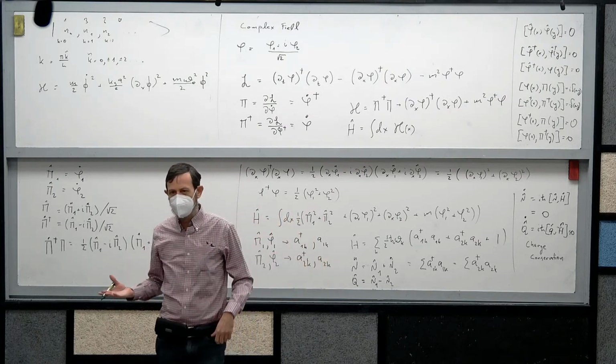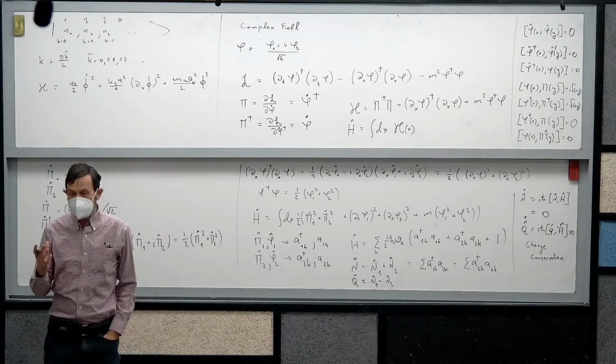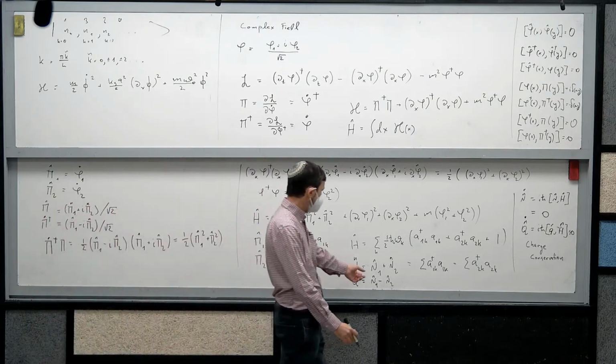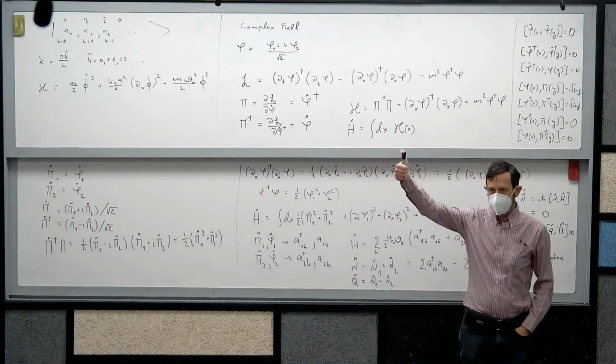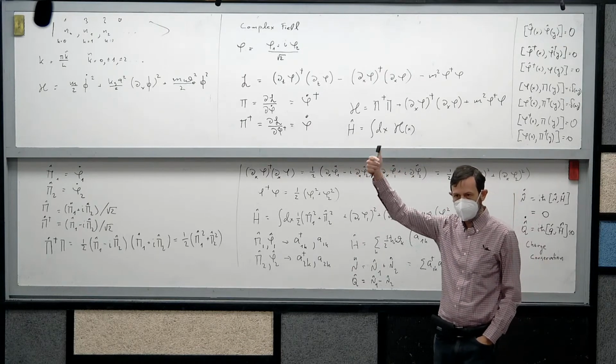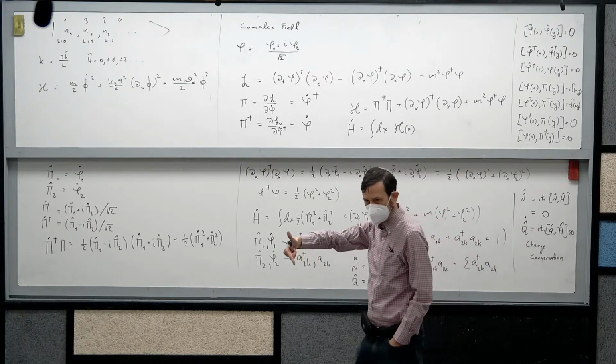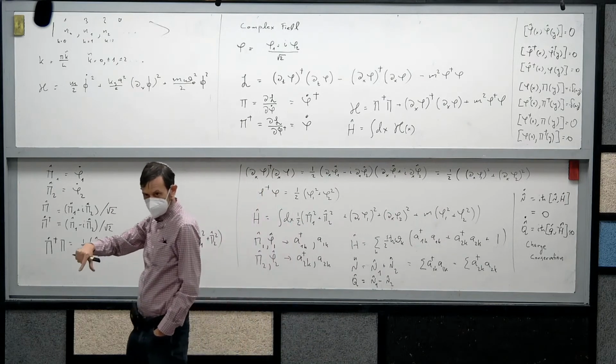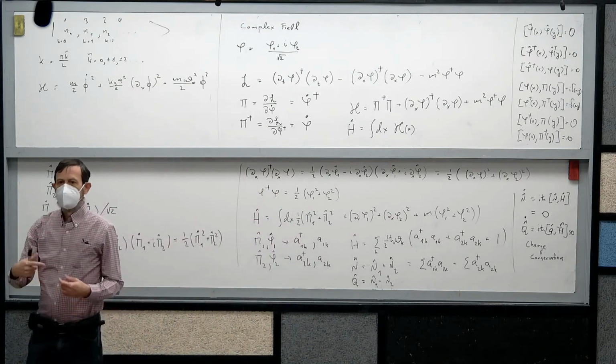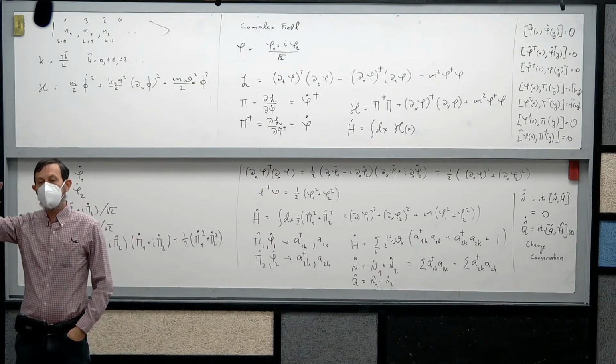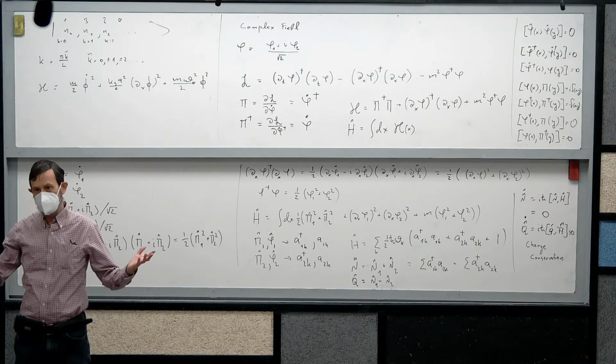What I can say is that if I have a given number of particles in the first field and a given number of particles in the second field, they won't transfer from one to the other, and that's conserved.